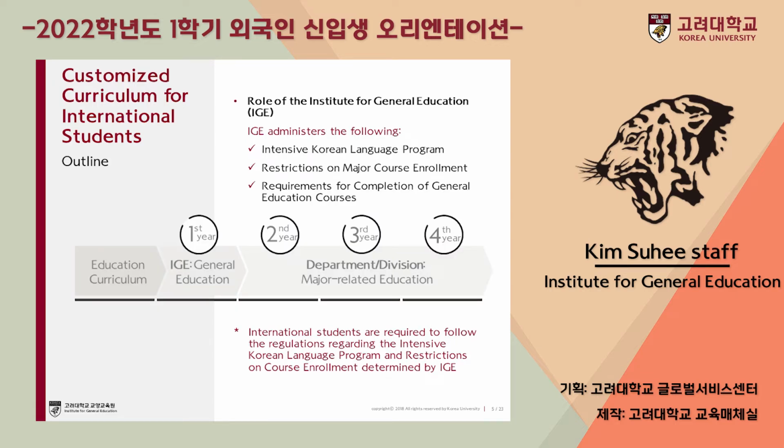We administer the general education curriculum as a whole for this purpose and manage the intensive Korean language program, restrictions on major course enrollment, and requirements for completion of general education courses.